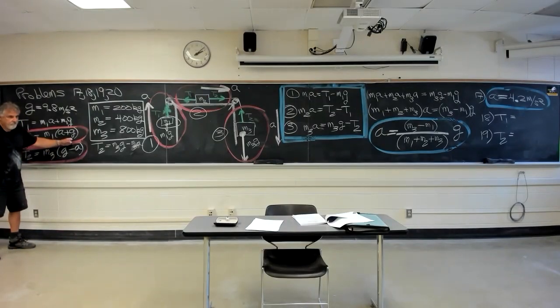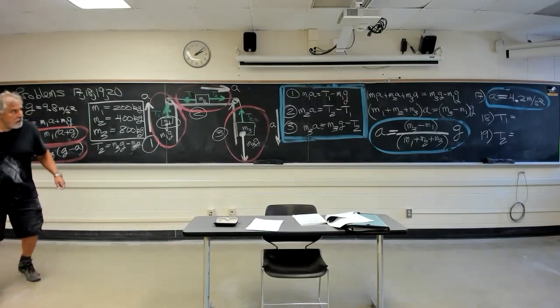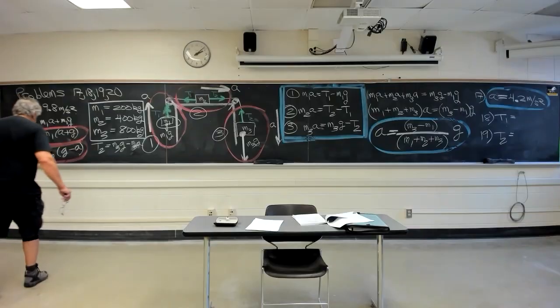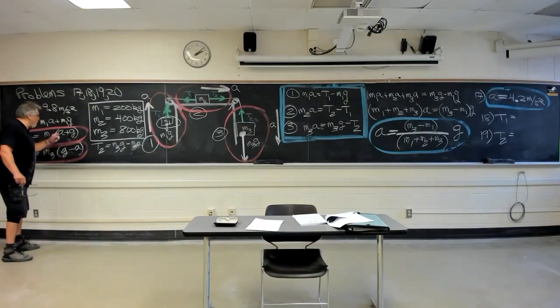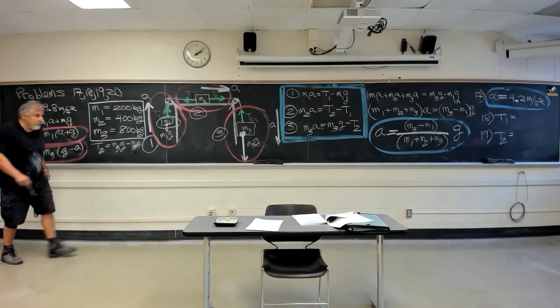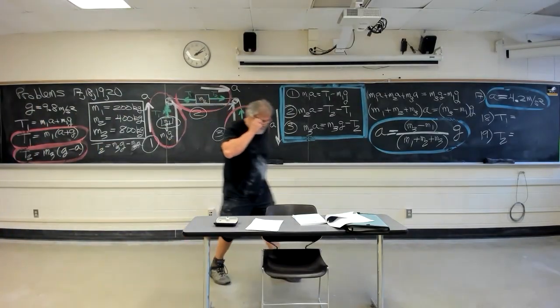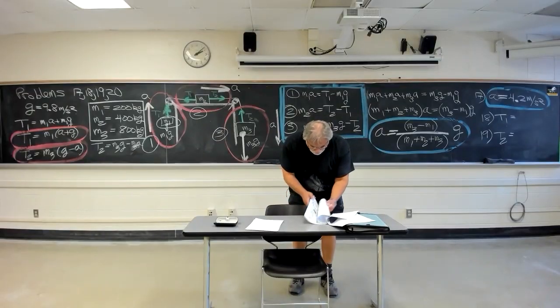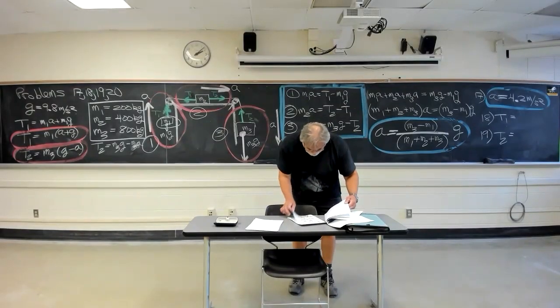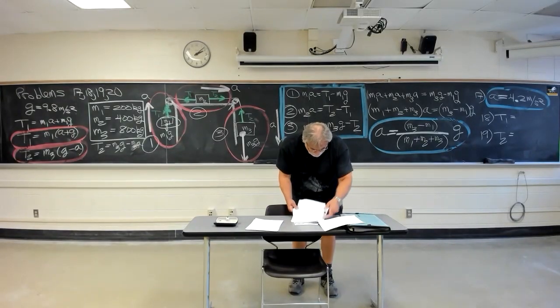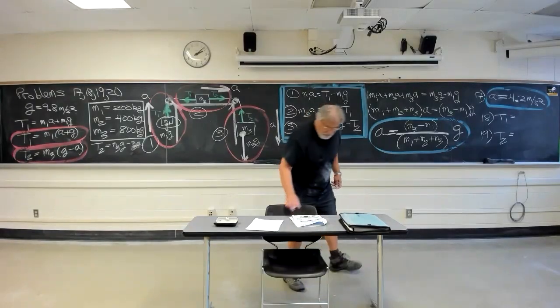G is 9.8, let's use 9.8. A is 4.2, which is pretty convenient. 9.8 plus 4.2 is 14. 14 times M1 is 2,800. So we're getting that. Let's just confirm it. I don't want to get too adventurous with this.